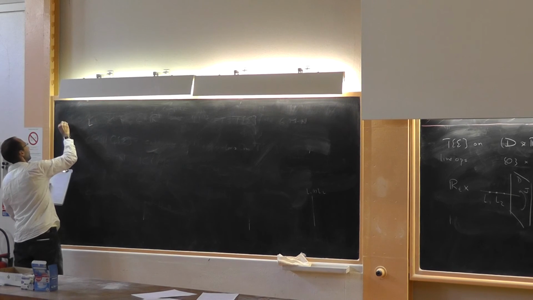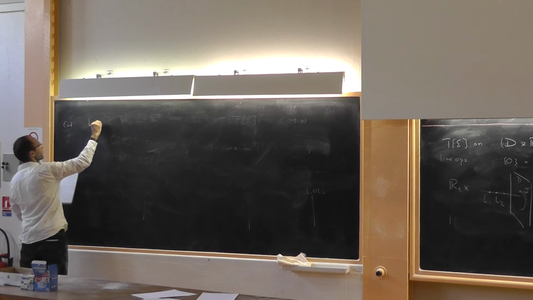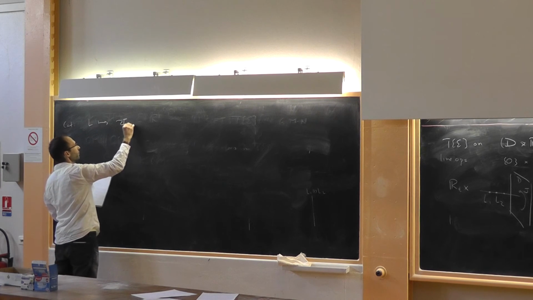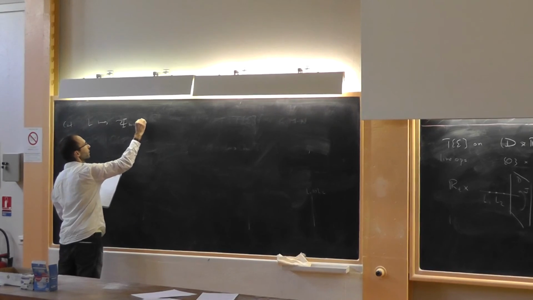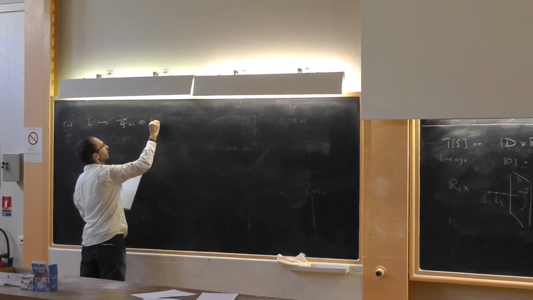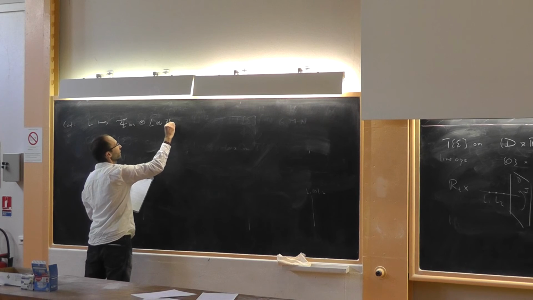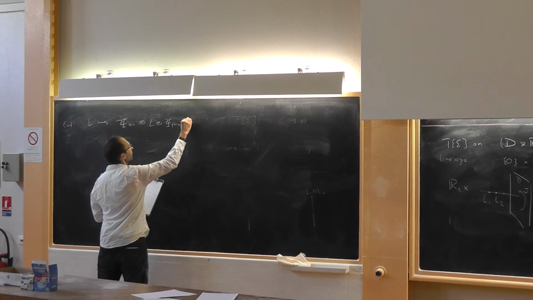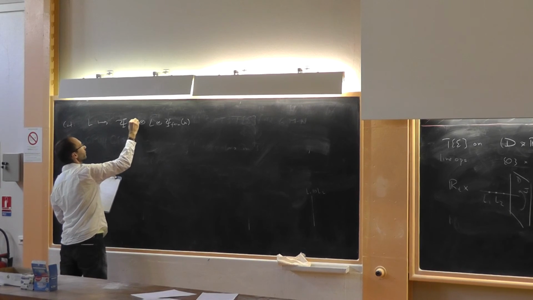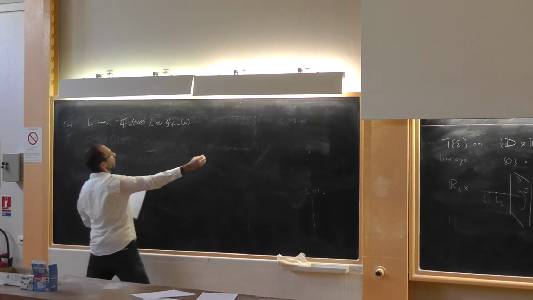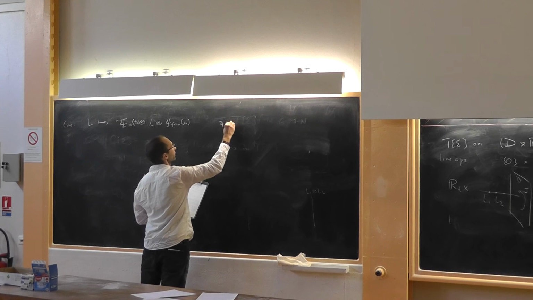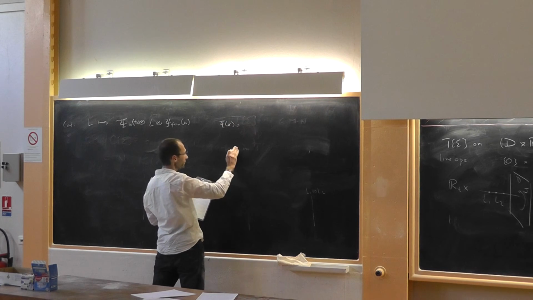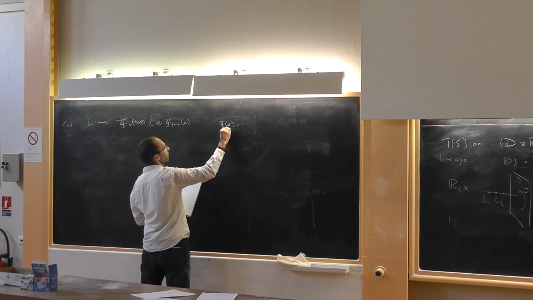So in the category, L should go to psi bosonic of x, L, and psi fermionic of x, where psi of x is the thing I had at the beginning.